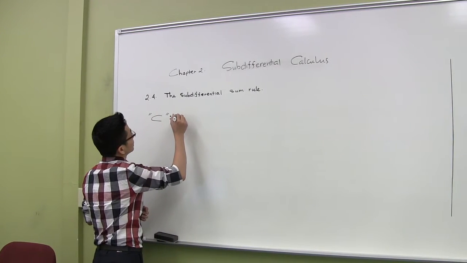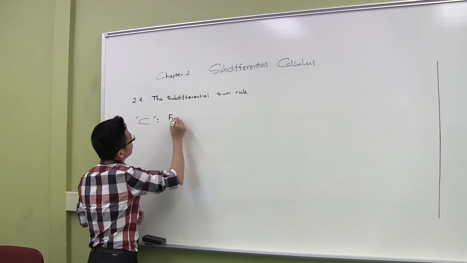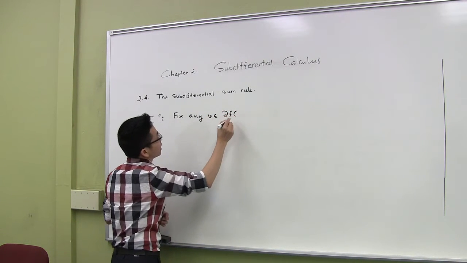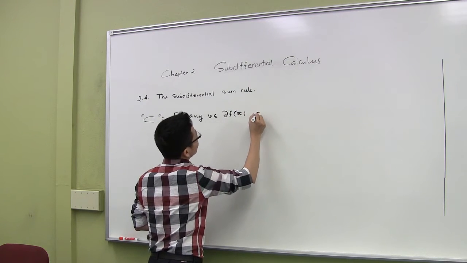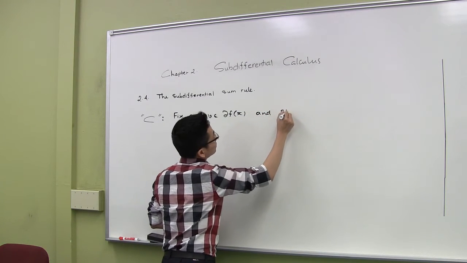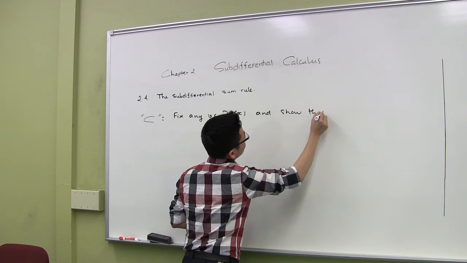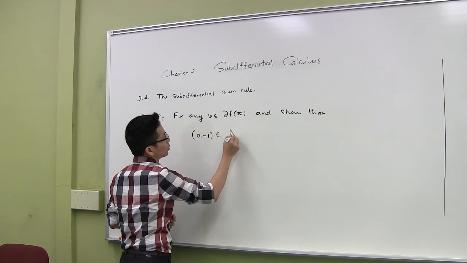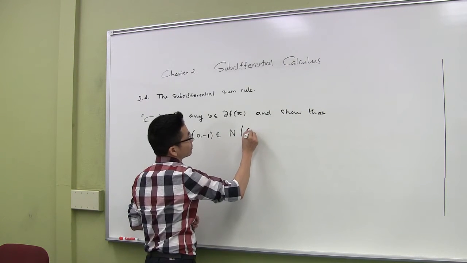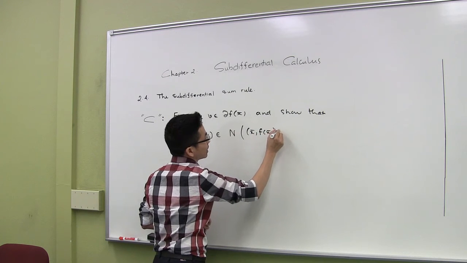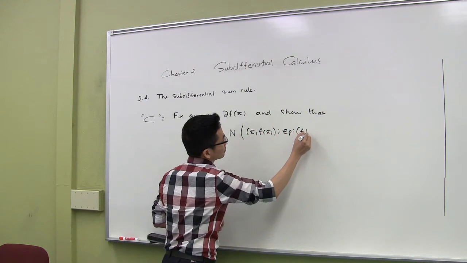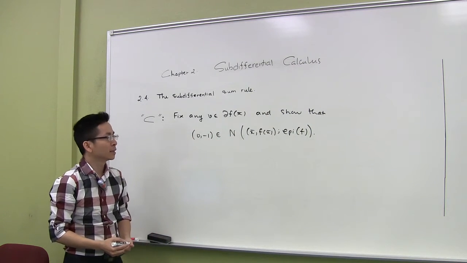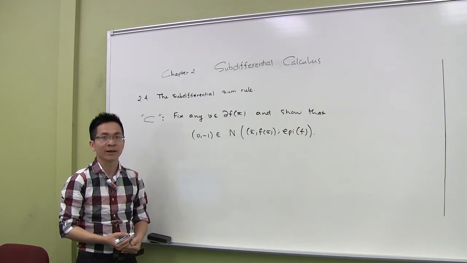In order to do so, we're going to fix any v in the subdifferential of the function f at x bar and show that (v, -1) belongs to the normal cone to the epigraph of the function at (x bar, f(x bar)). In order to prove this, we're going to apply the definition of normal cones to convex sets.